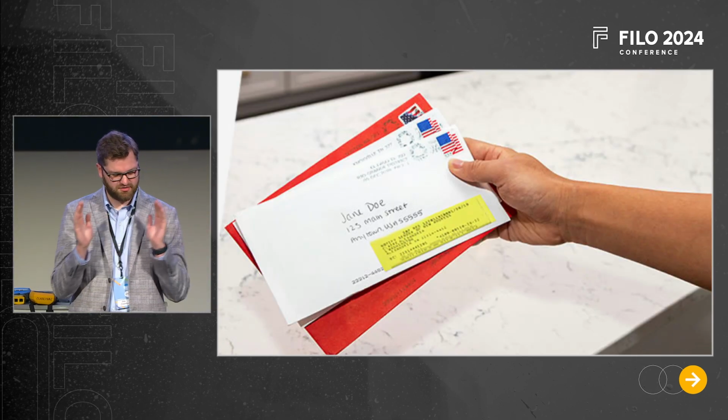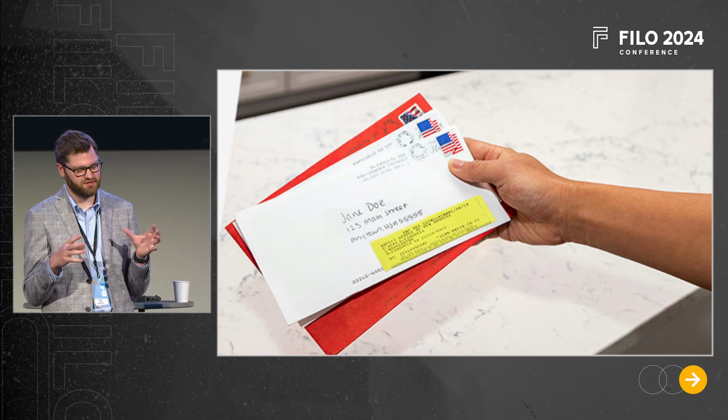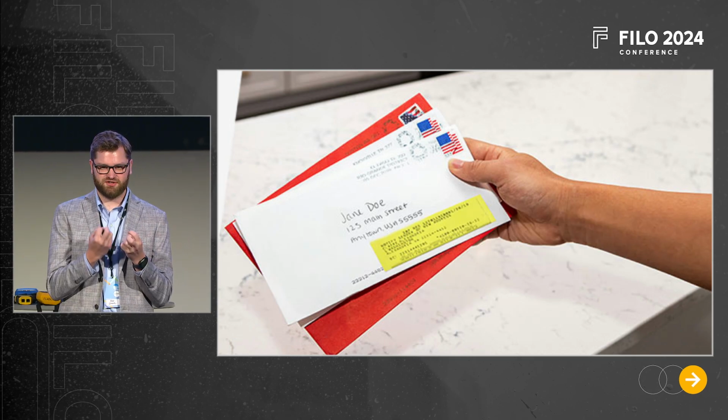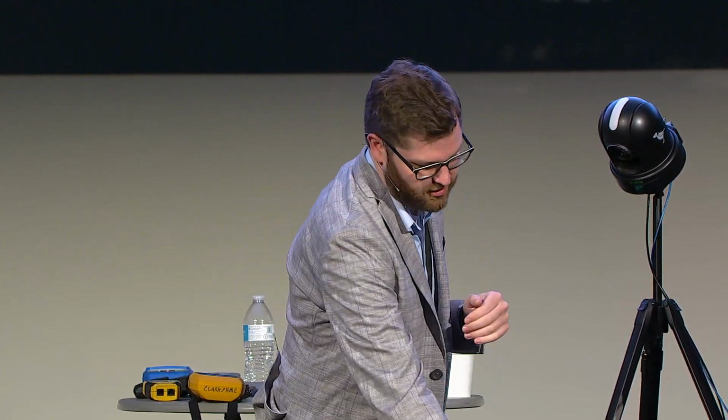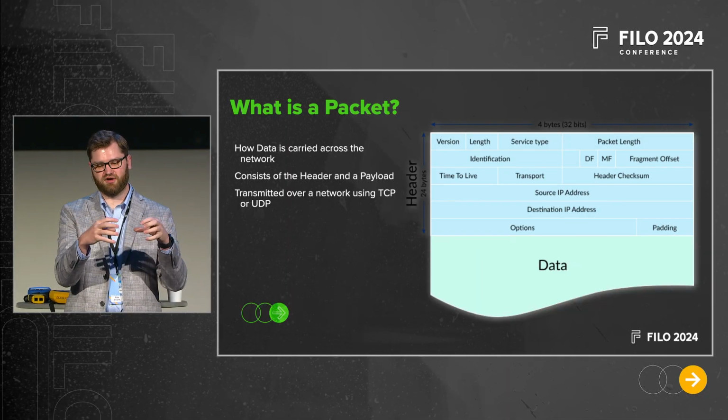So we have our MAC address, we have our IP address. How does that data look when it moves across the network? Our data is moving in packets. A packet contains the information that you're trying to send, like the letter inside an envelope, and then we put a header on top of that, with the information it needs to move across the network. The header has your destination IP address, source IP address, and a bunch of other information that the packet needs to move across the network.